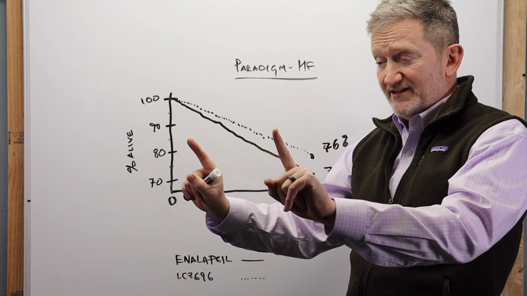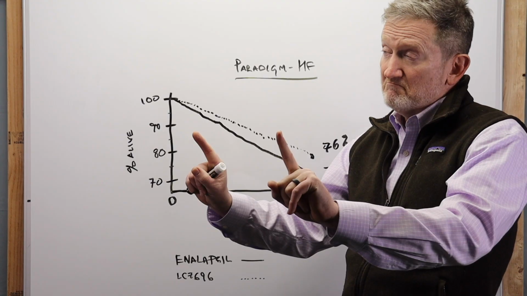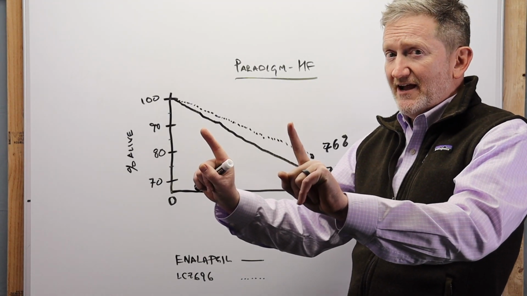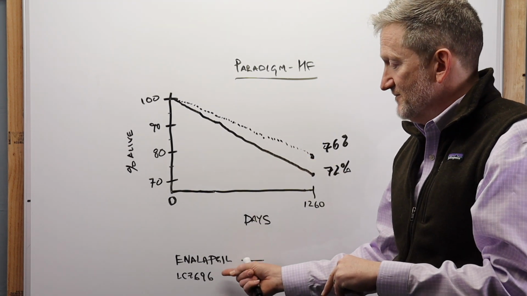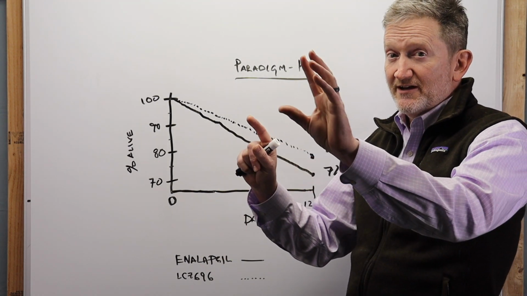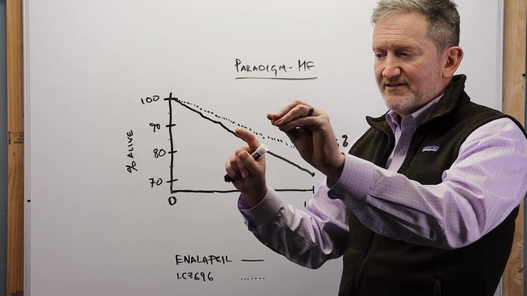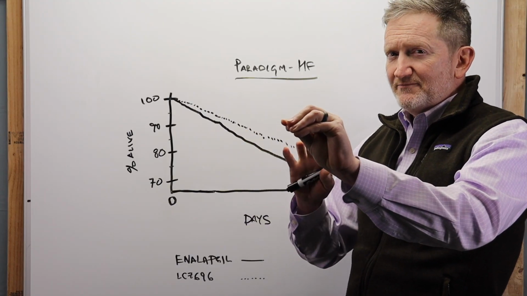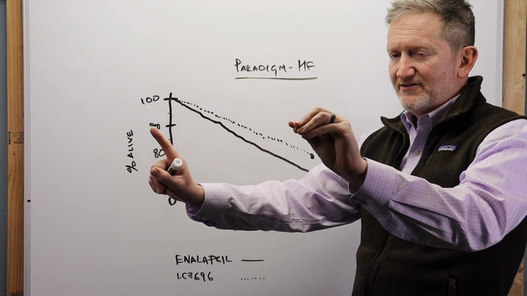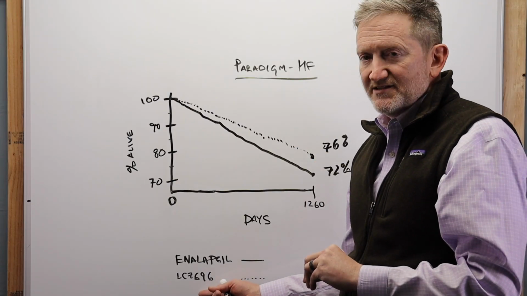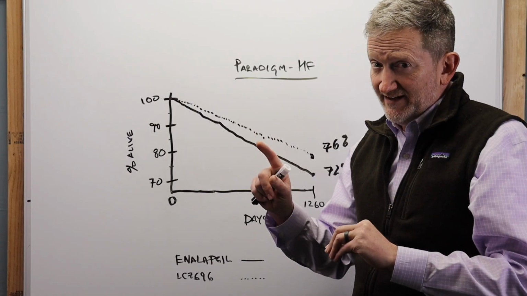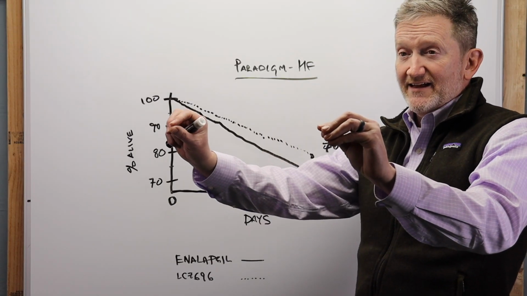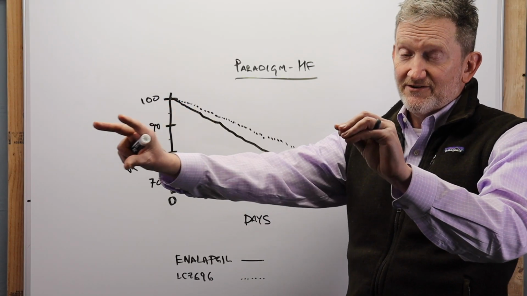On one particular day, something semi-tragic happens, because in the universe where the patient takes enalapril, that patient dies. But the same patient in the parallel universe where they take LCZ 696 did not die, and on that day, that patient continues to live onwards.